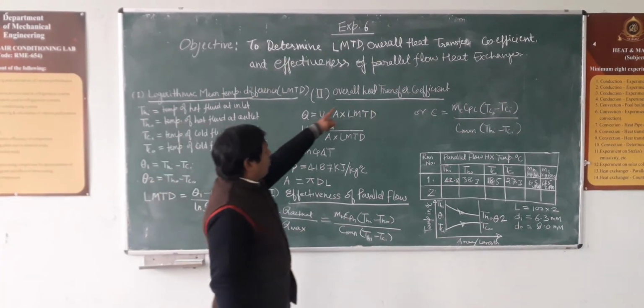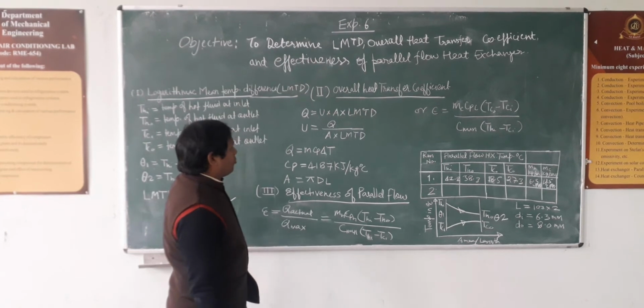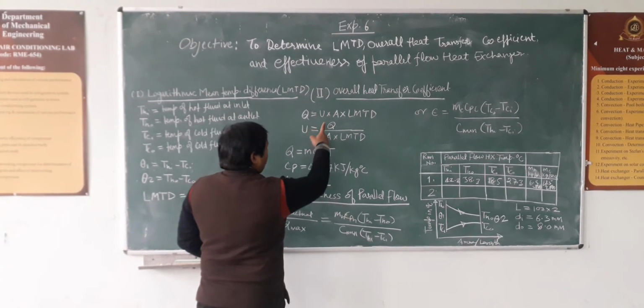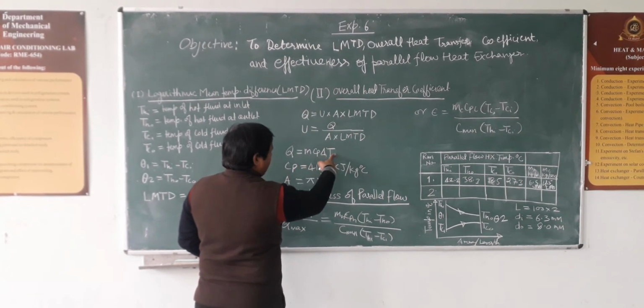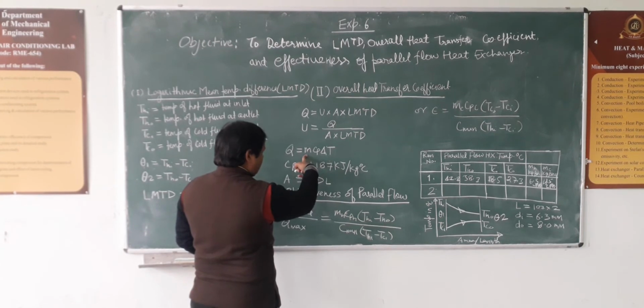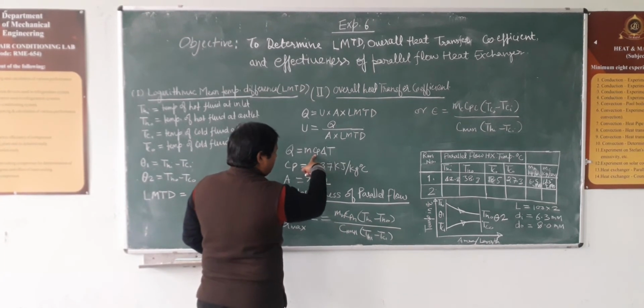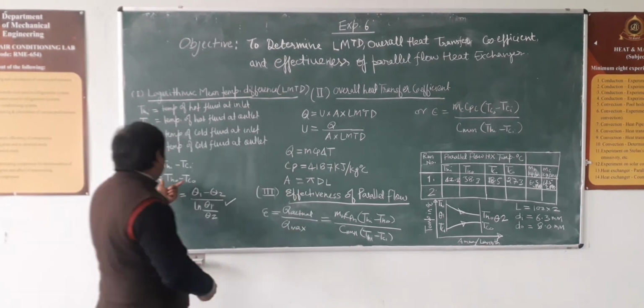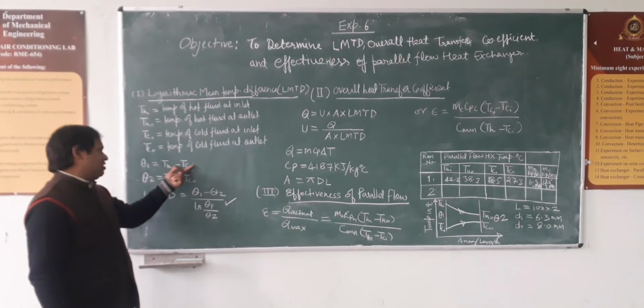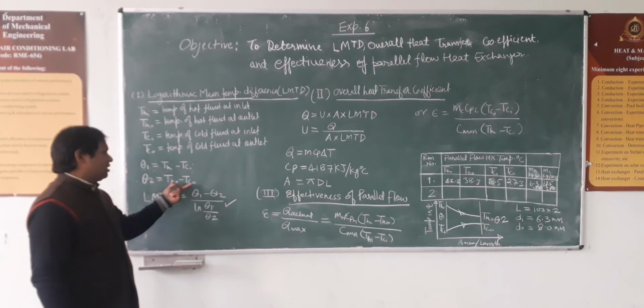And the overall heat transfer coefficient. How will you calculate it? First, you can calculate Q equals m Cp delta T. M is the mass flow rate, and Cp and delta T. For delta T you can take any one of them, THI minus TCI or TH naught minus TC naught.